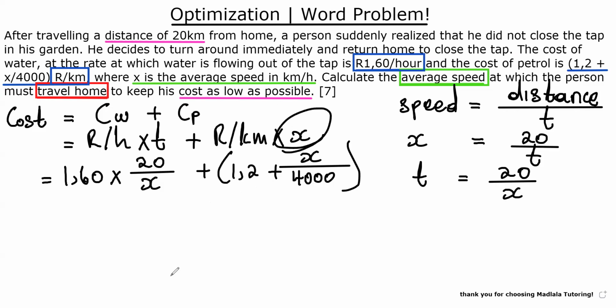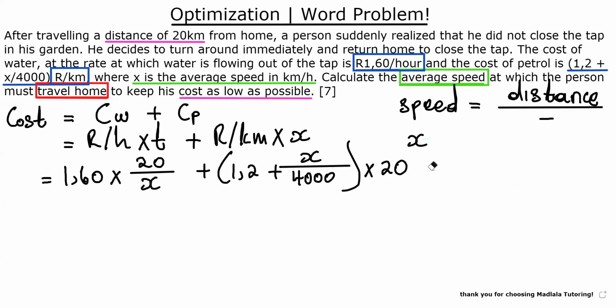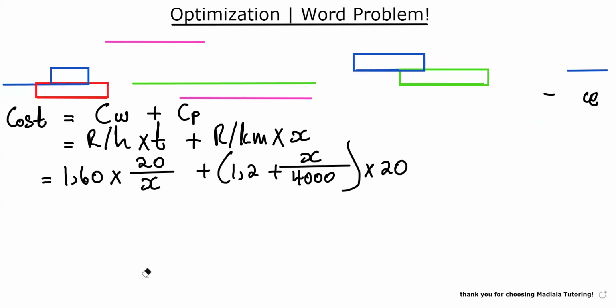Well, by multiplying it by the distance, right? So the question is, what is the distance? Well, the distance is just going to be 20. So that's what you will say. So 20 kilometers will actually cancel out with the kilometers in the denominator. And this is what we will have.